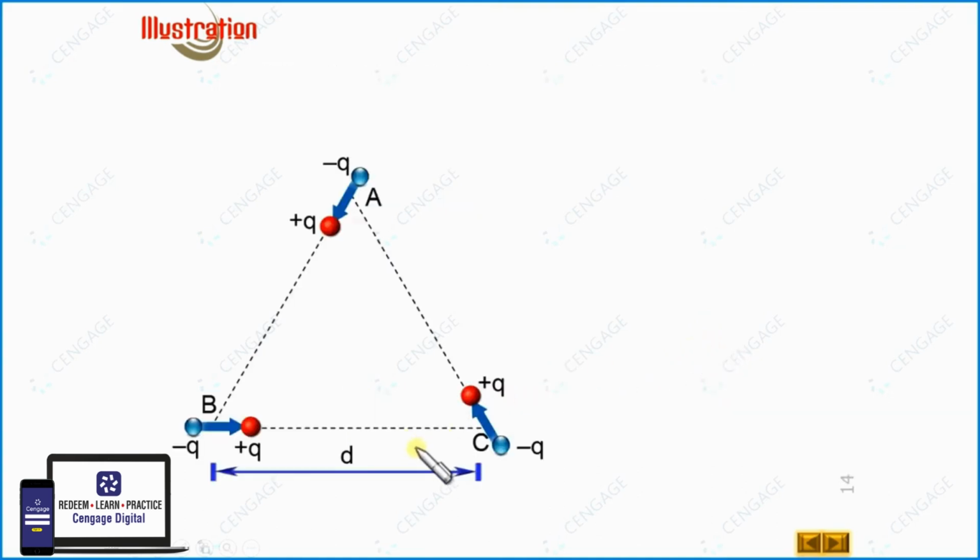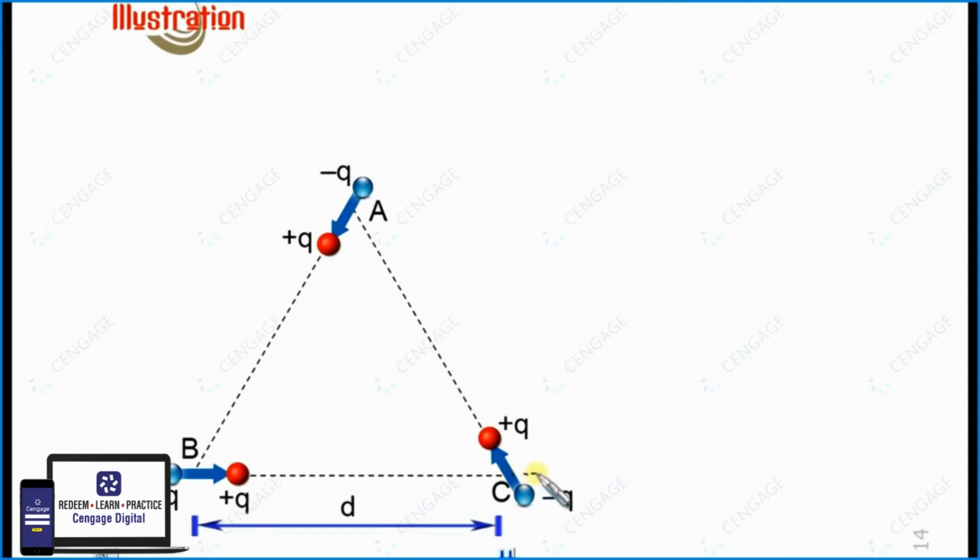This is the situation. If we observe, all 3 dipoles are placed symmetrically. That means this pair, the BC pair of 2 dipoles, is identical to the CA pair, because if we extend this line in the forward direction, we can observe the electric field of this dipole at this position should be in this direction.